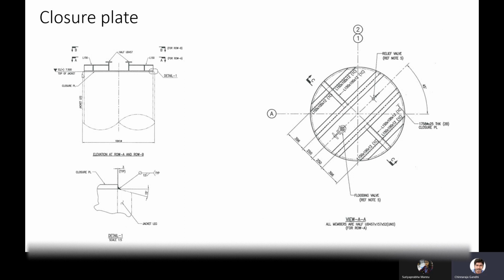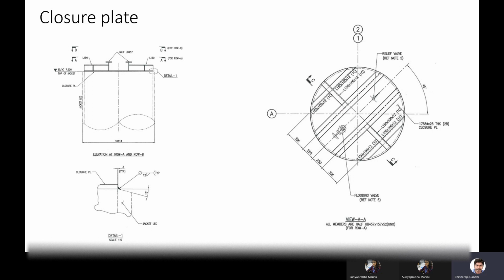For that they will not go for a closure plate, because even if you put a closure plate you will not have sufficient buoyancy. They will go for a buoyancy tank. Once you have a buoyancy tank, there is no need for a closure plate here. We can flood the leg, and you will have enough buoyancy through the buoyancy tank.